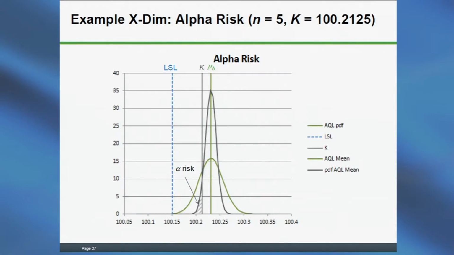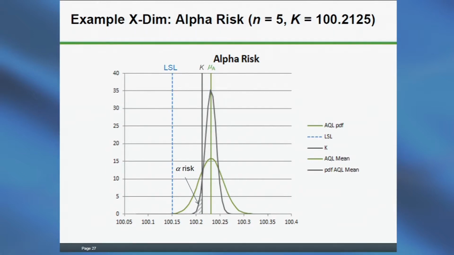Now here's the explanation of the alpha and beta risk. Again, lower spec limit in blue. K is the value at 100.2125. If the actual true distribution is at mu A, but we end up measuring it below K, there's an alpha risk that we can reject the product. So here's a case where the true mean is at mu A, but because there's a certain risk that the distribution, the black curve over there, will fall below K, that's the risk of rejecting good product.